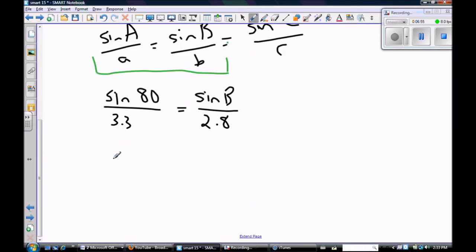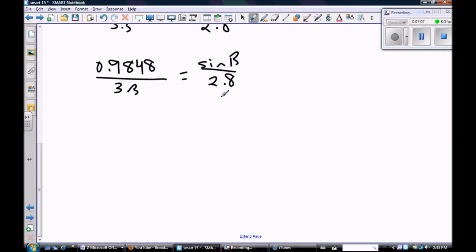Sine 80 degrees is 0.9848. And so now I'm going to cross multiply. So 2.8 times 0.9848 gives me 2.7574. And 3.3 times sine B is just 3.3 times sine B.